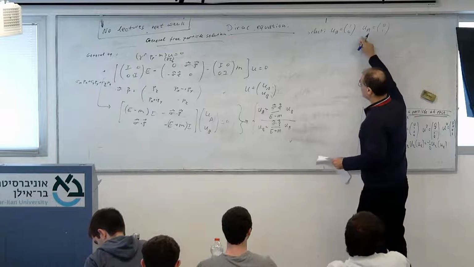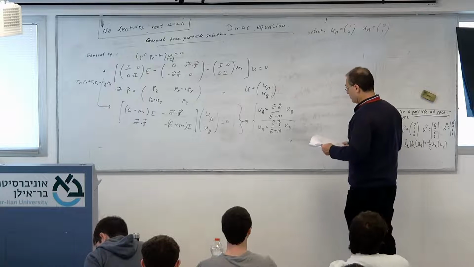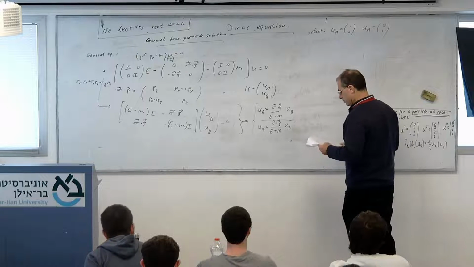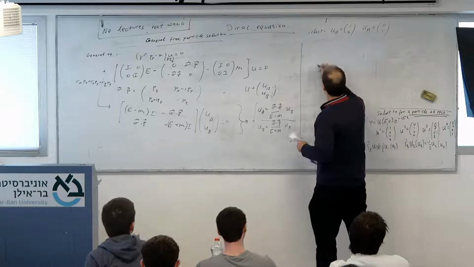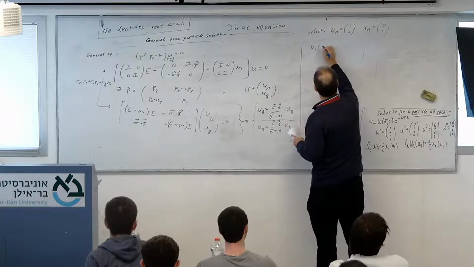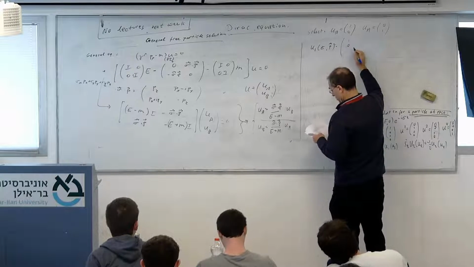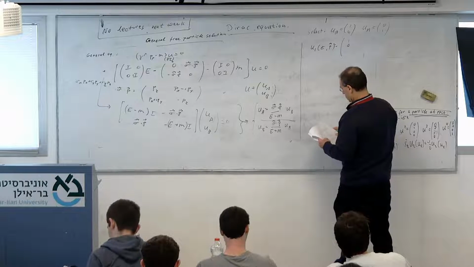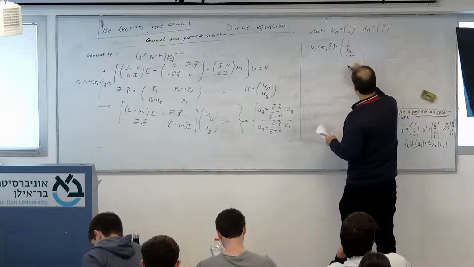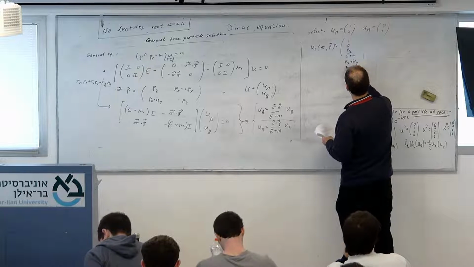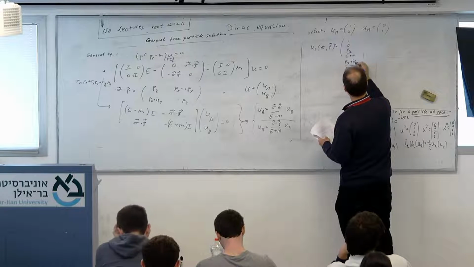So using these 2, I can automatically get UB from there, and immediate results up to normalization, which I'm skipping for now because I'm lazy. So U1 of E and P is 1, 0, and then we get pz over E plus m, and px plus I py over E plus m.